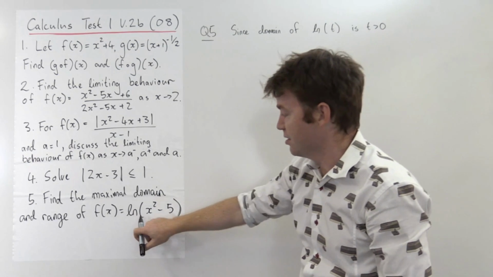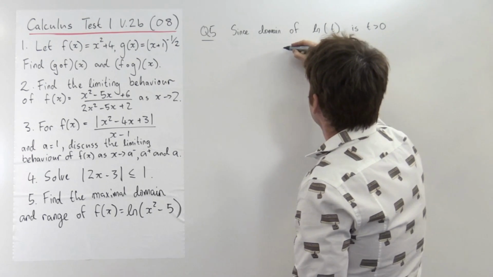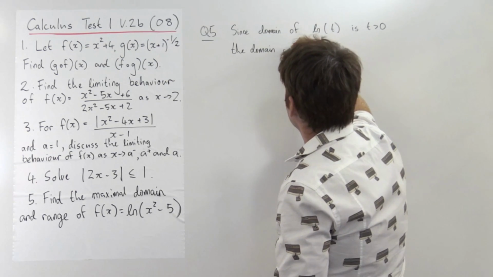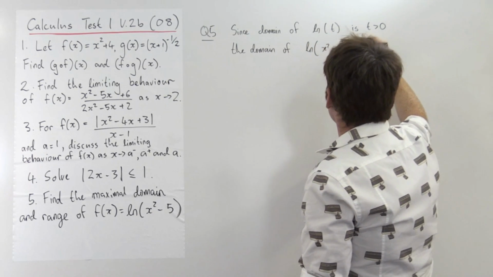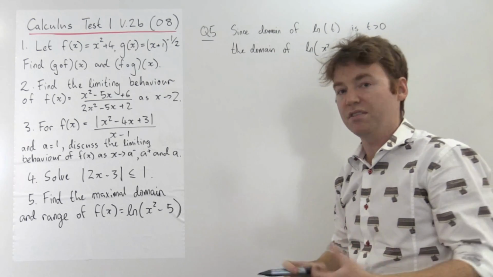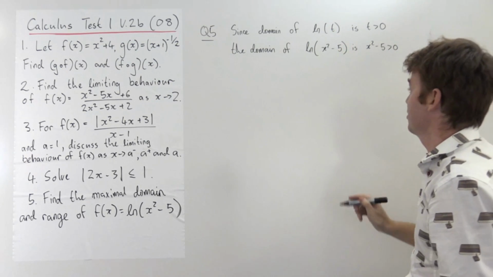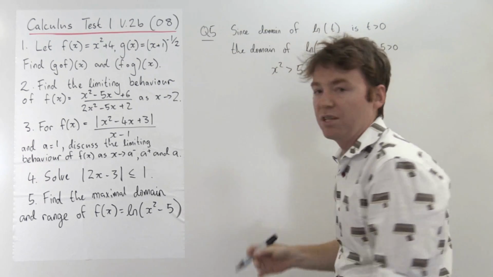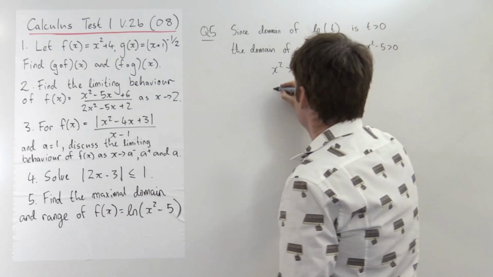So the restriction is that the domain here must be positive, and I've said that here. This bit has to be greater than 0 by virtue of the log function, so my restriction is x squared greater than 5. I can solve that. X squared greater than 5 means that x is either bigger than root 5 or less than negative root 5.